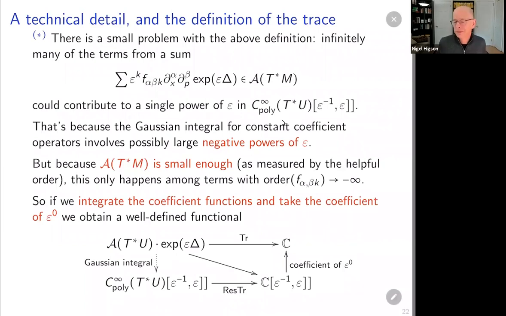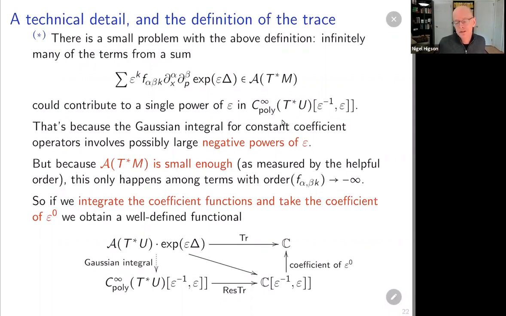And now it looks like we're back in the world of analysis. You have to add together infinitely many things. So that's a bit of an issue, and it's here where you need to take some steps to make sure that the algebra A is small enough. And according to the definition of A, this will only happen in a situation where the corresponding orders of the coefficient terms, the homogeneous orders of the coefficient terms, converge to minus infinity.